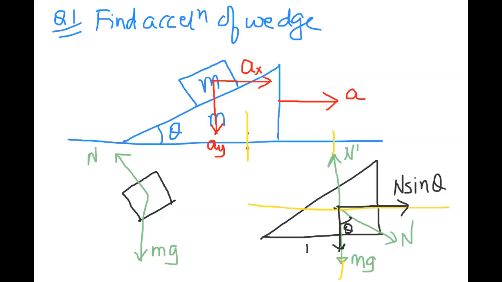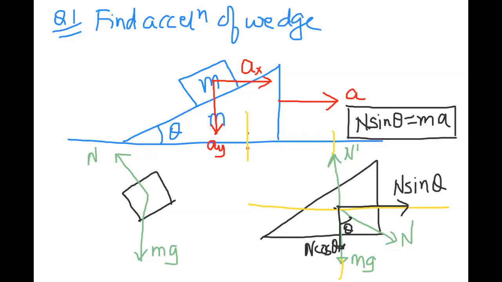This component will be equal to n cosine theta. And here now I can write the equation that n sine theta is equal to MA. I'm not really interested in the y-axis wala equation because nobody has asked me what is the normal reaction applied by the ground on the wedge. अगर ये question होता, तो I would have been interested in the y-axis equation, but here I'm only interested in the x-axis equation.